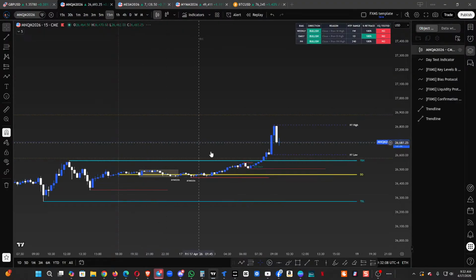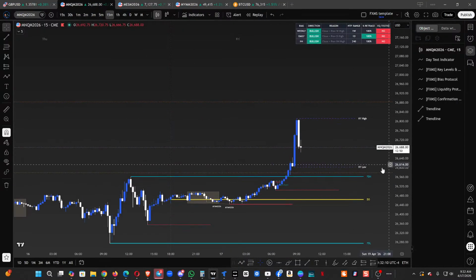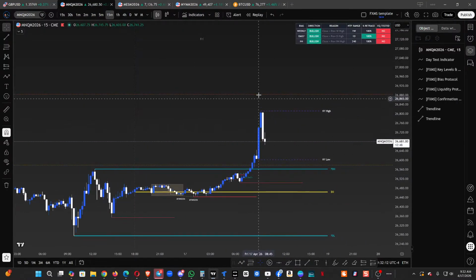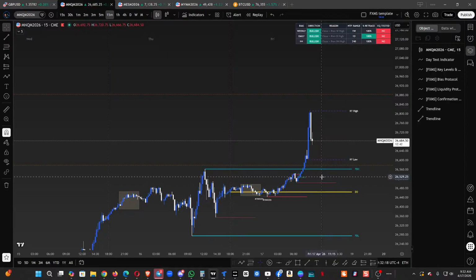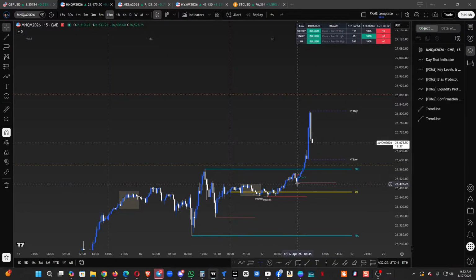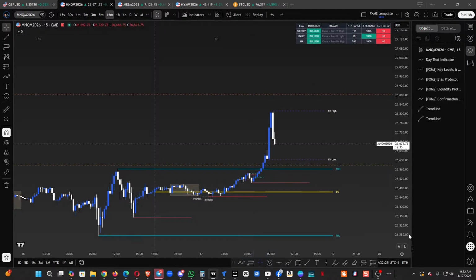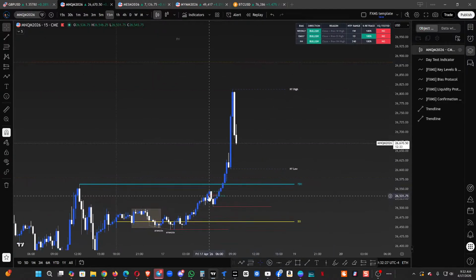Okay, so what I had wanted to see price do, before we got this push up here, because we were forming this kind of sweep above the highs over here, was come back down through here and then give us a retest of the order block. So our higher time frame point of interest would have been this order block here, right? Because we had the change of character.